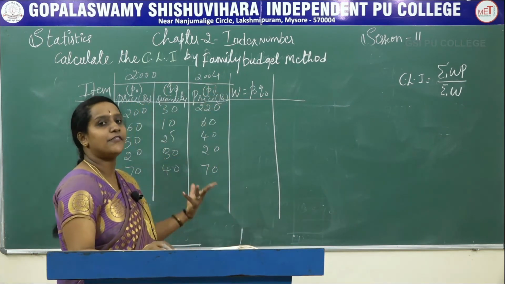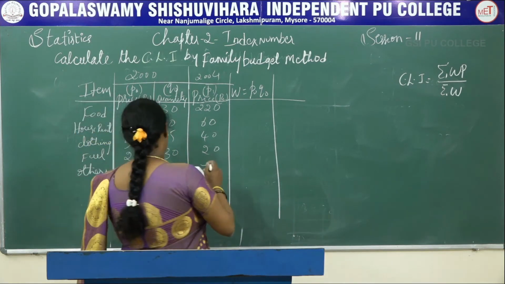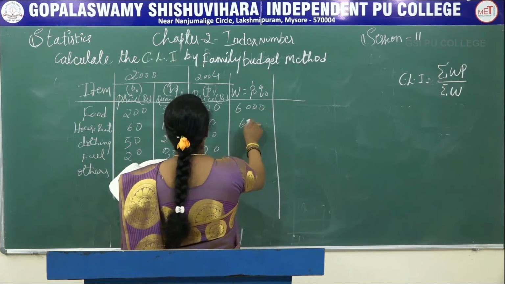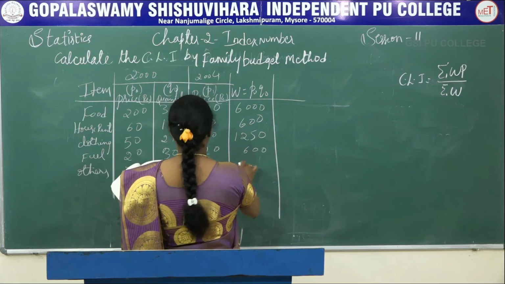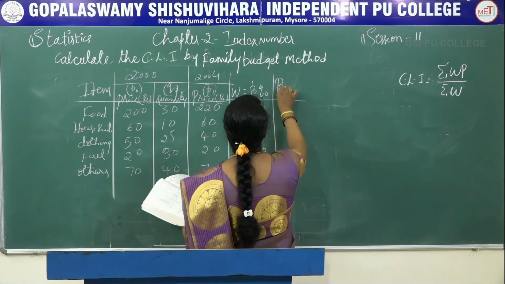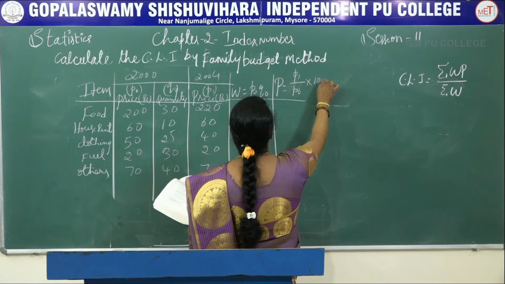First, we will find the W, that is P naught Q naught, and the value is given. Next we have to find the price relative, that is P1 by P naught.